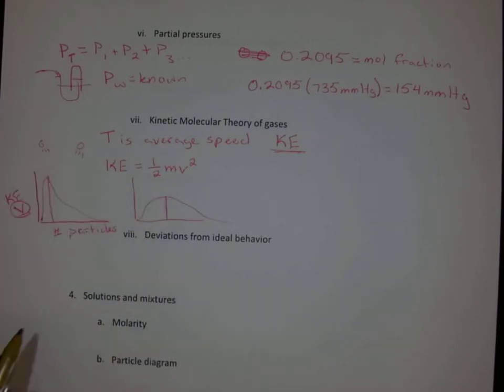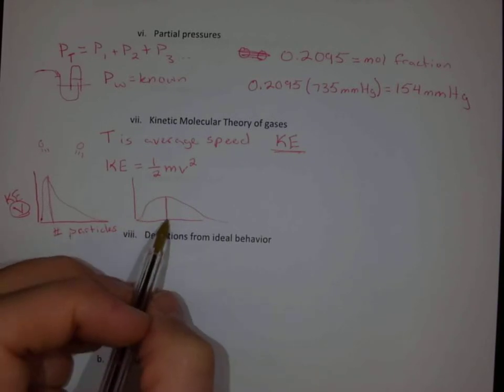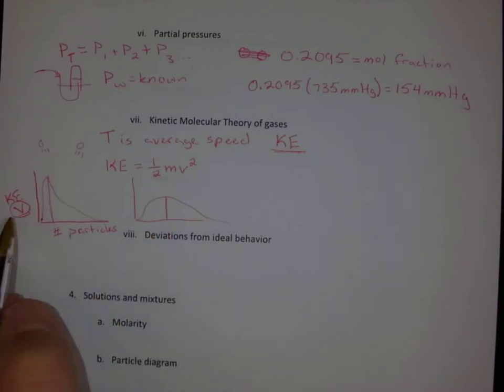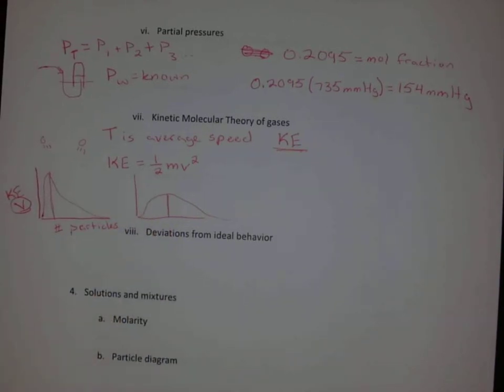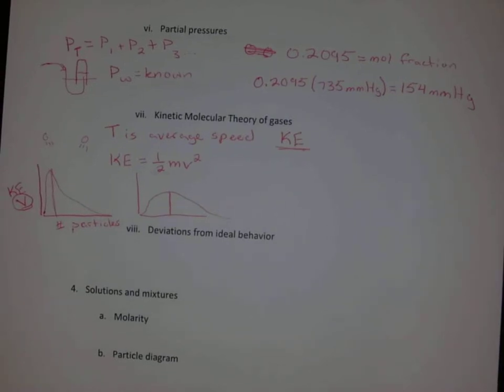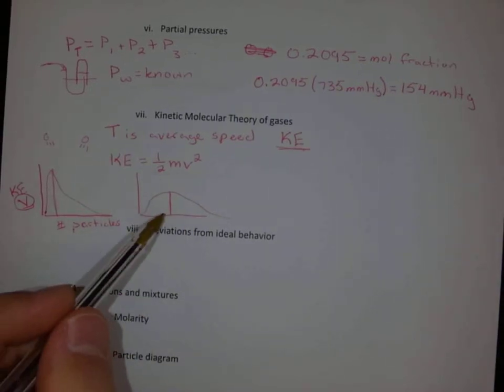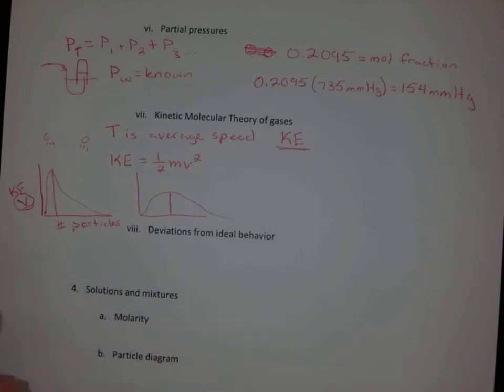Now my average is out here. So my average speed is further out, so my velocity is going to be higher. So my average kinetic energy is over further.